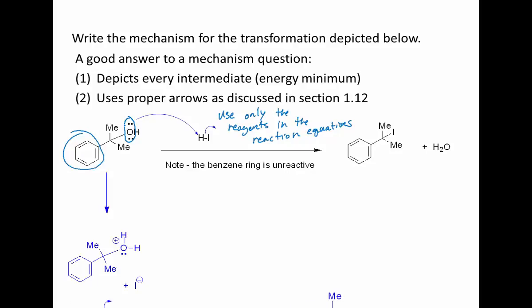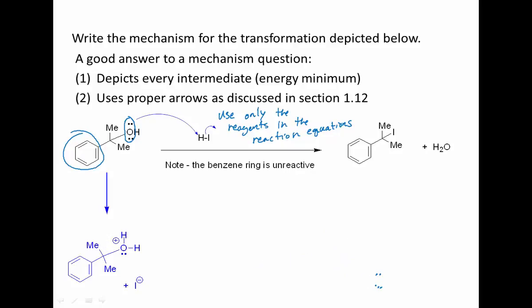Okay, we're going to lose water. The CC bond right here is going to become one of the lone pairs at water. Note we have two lone pairs in water. We only have one lone pair in the protonated alcohol. And we generate the carbocation.